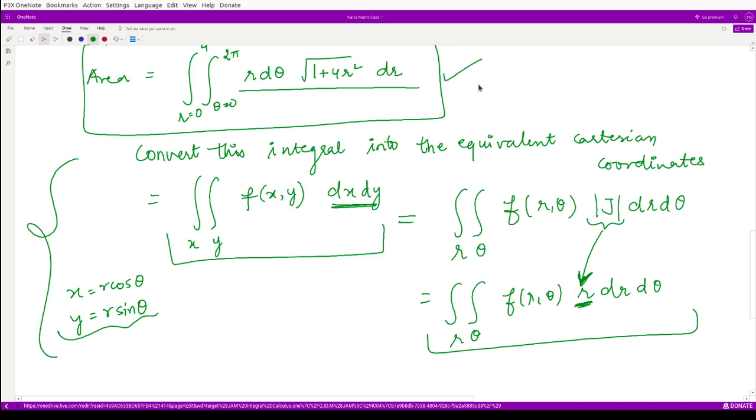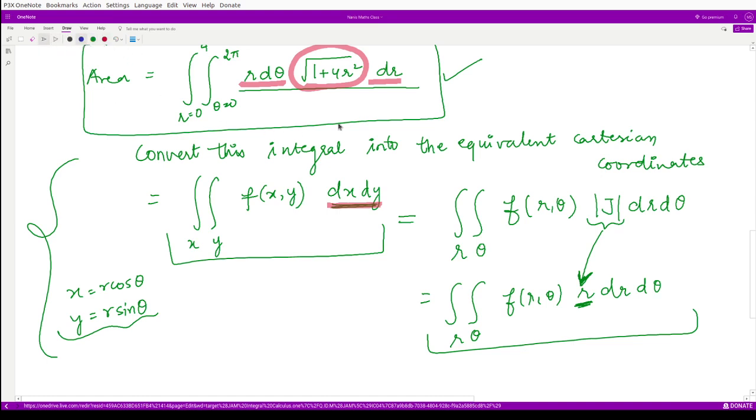Now we have this in polar coordinates, so we can directly convert this integral into the corresponding Cartesian integral. Where you have to replace r dr dθ with dx dy according to this conversion, and this quantity is replaced with the function of x and y.